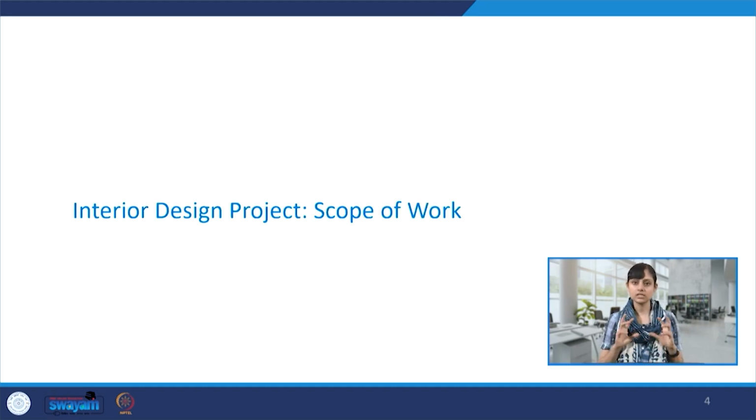So to understand the scope of the work that an interior design project has or an interior designer has to deliver and be a part of the process, we can understand, first of all, how an interior designer works and what are the subtle nuances of an interior design project versus other projects like core architectural projects.